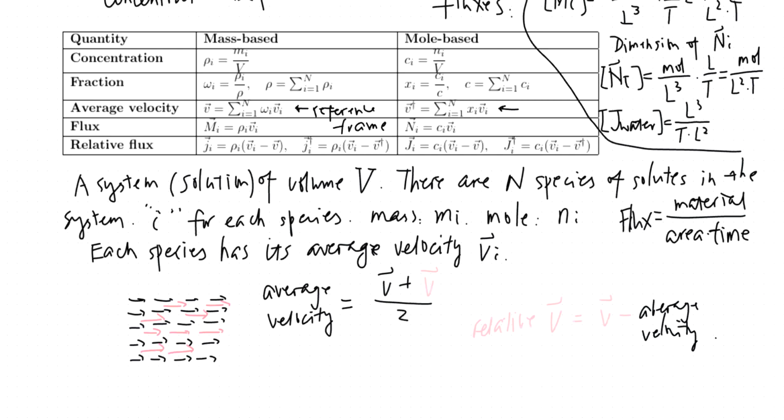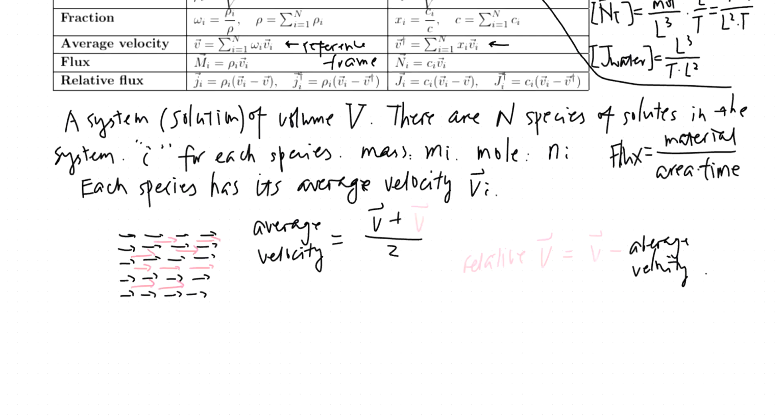Let's say V1 is 1 meter per second in the x direction, and V2, the pink one, is 2 meters per second along the x direction.